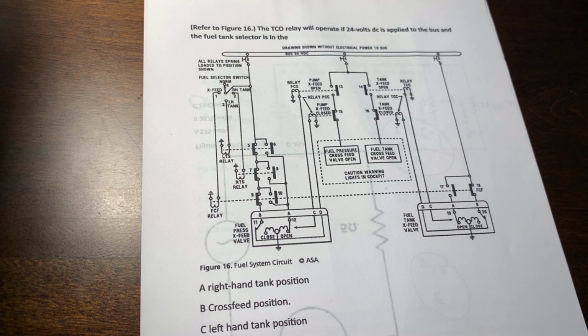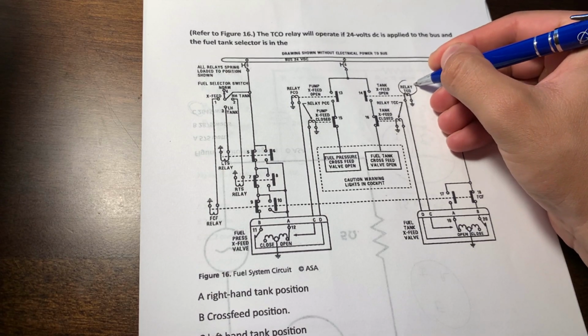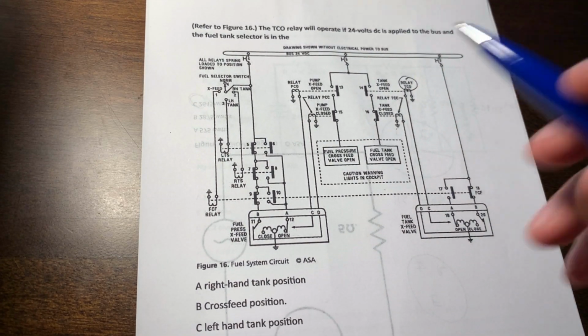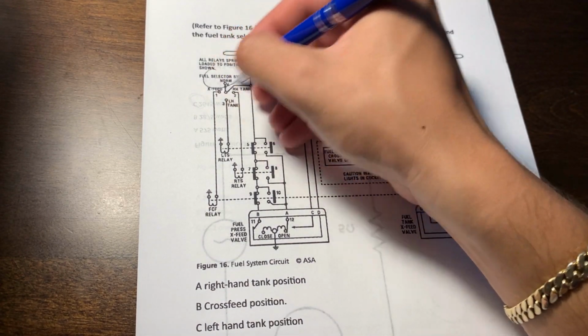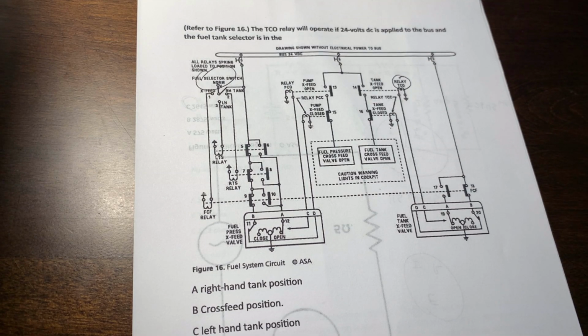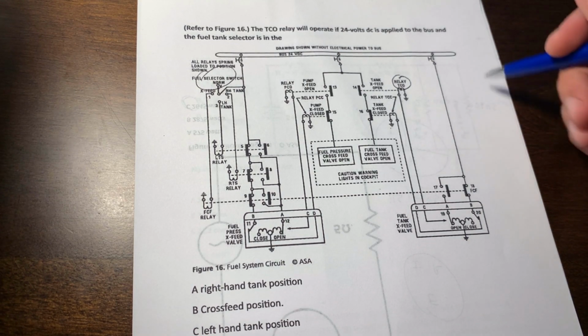The TCO relay will operate if 24 volts DC is applied to the bus and the fuel tank selector is in the right hand position, crossfeed position, or left hand tank position. Okay, so let's figure out what this relay needs to operate.